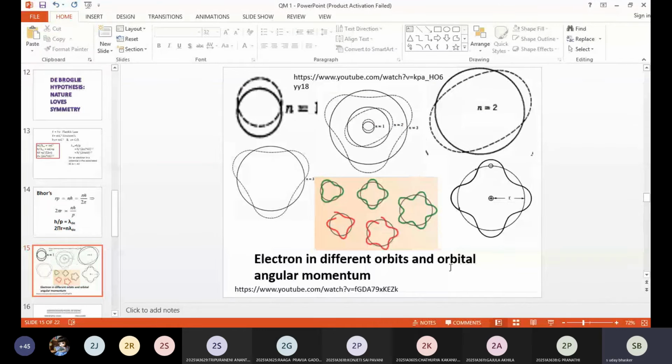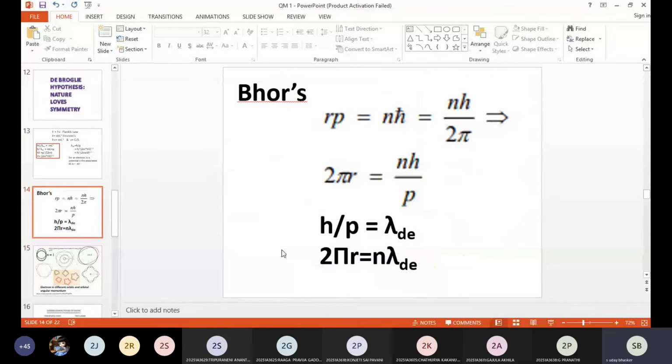That is being explained from this particular figure: electron in different orbits, and orbital angular momentum is being expressed. This explains why 2 pi r should be equivalent to n lambda. Only when 2 pi r is equal to n lambda will you have stationary waves, or energy conservation existing there.